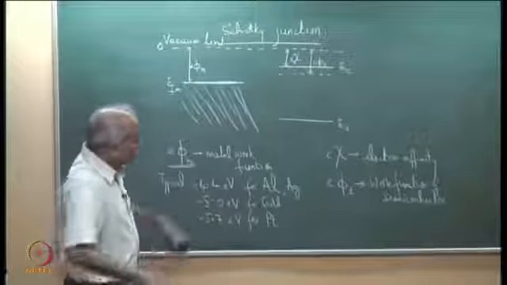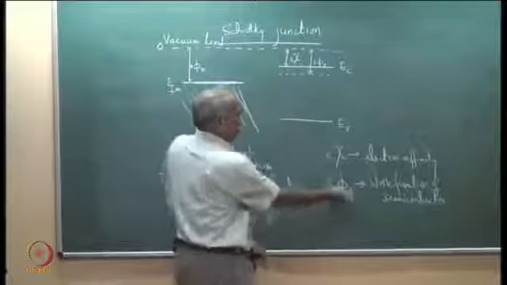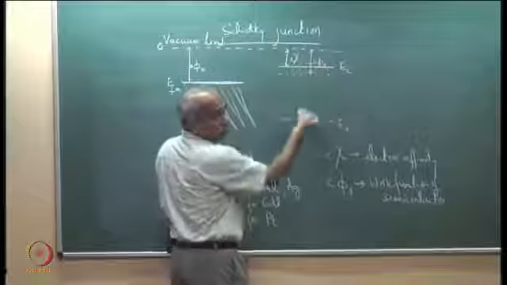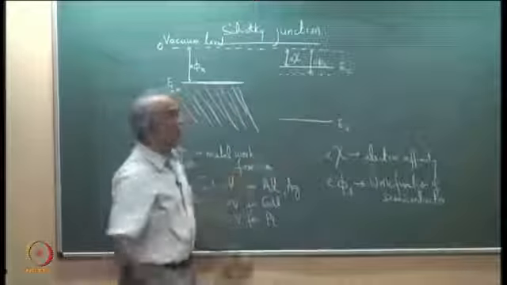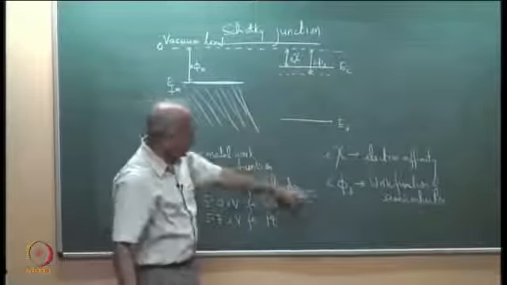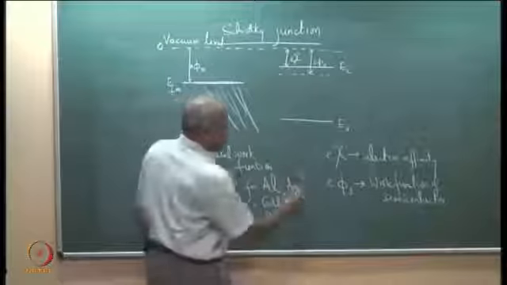Typical numbers for chi: of course phi s depends on whether you are N doped or P doped or N plus and so on, but chi has typical numbers.